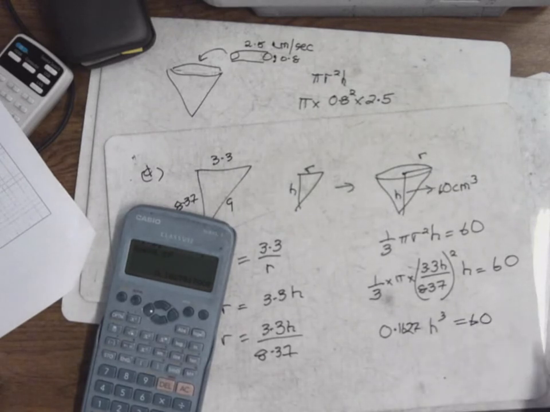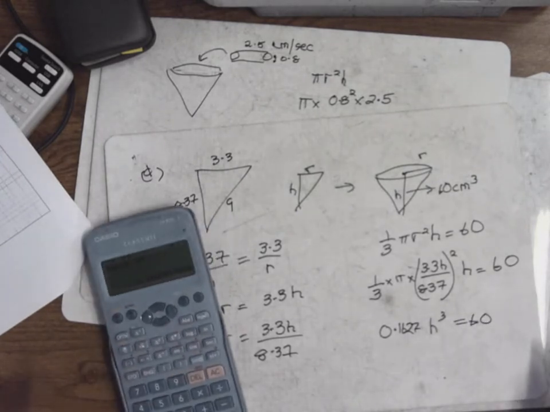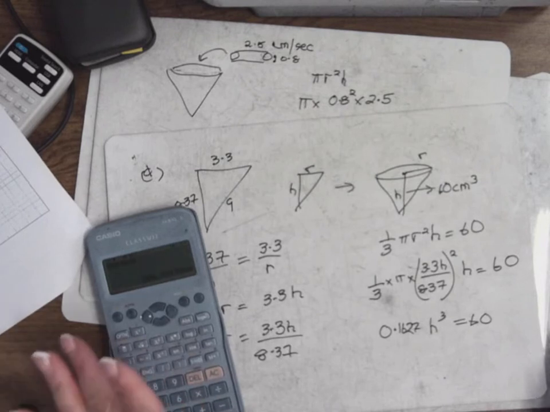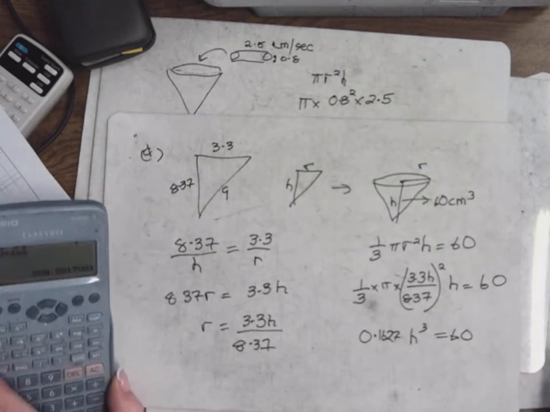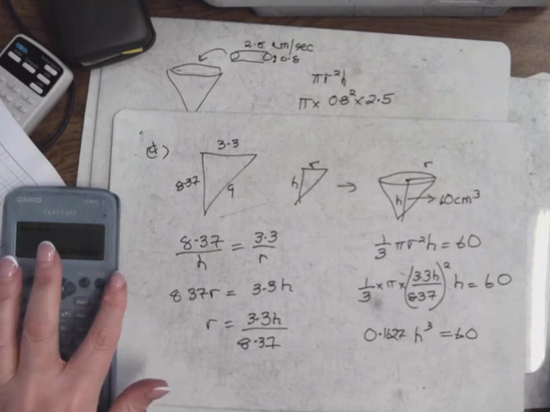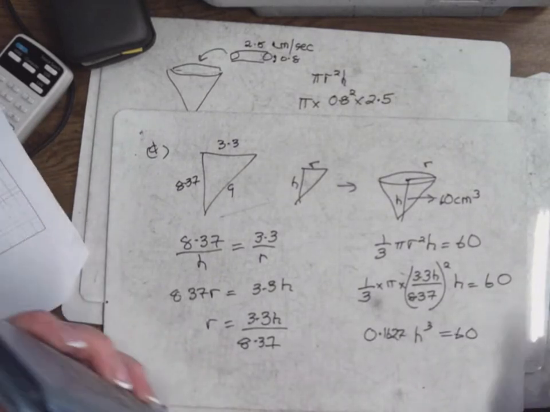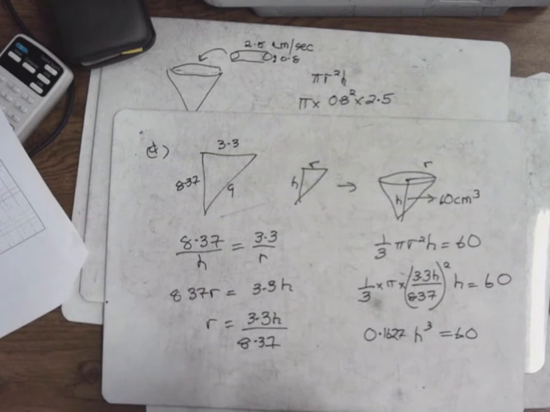Now this is going to be crazy big because I've done something wrong. I think I've multiplied wrong. 60 divided by the answer equals, yeah, I've definitely done something wrong because I've got that the height is 300 something. Everything is right, I've just multiplied wrong, so I probably typed it in wrong.